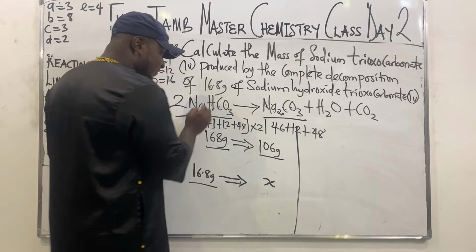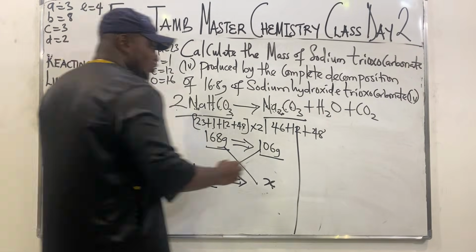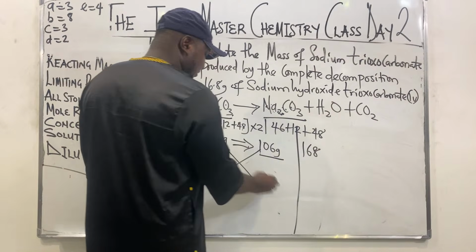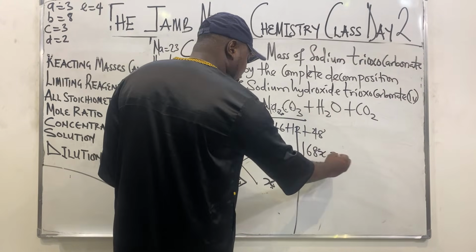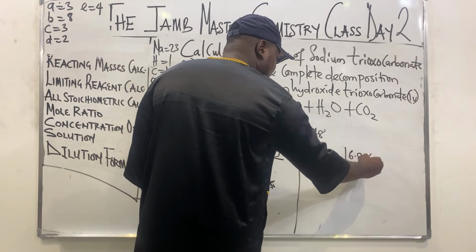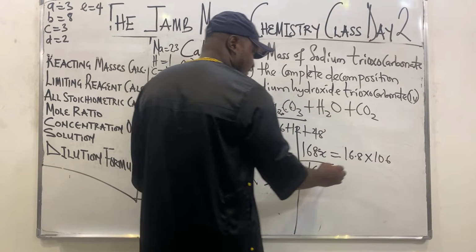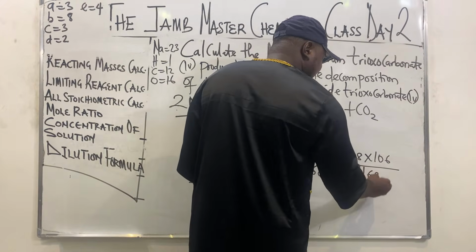Now 16.8 grams of this guy will give what? X. You don't know, so cross multiply. We're going to have 168 times x equals 16.8 times 106. Now divide both sides by 168.